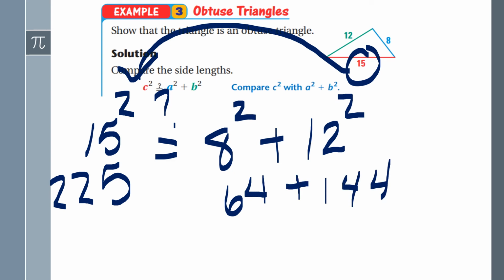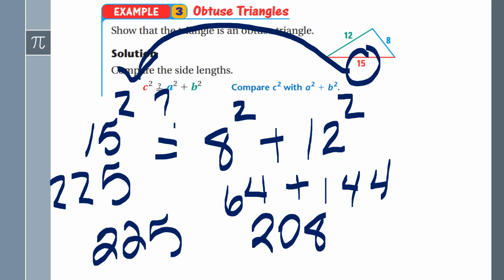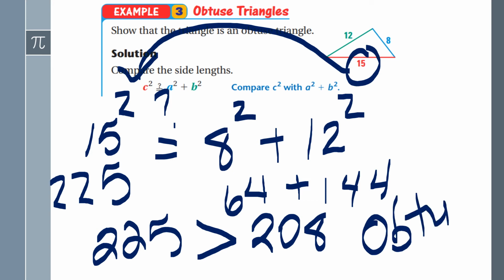I'm going to add 64 to 144, and we'll end up with 208. Now we want to compare 225 to 208. And since 225 is greater than 208, this is an obtuse triangle.